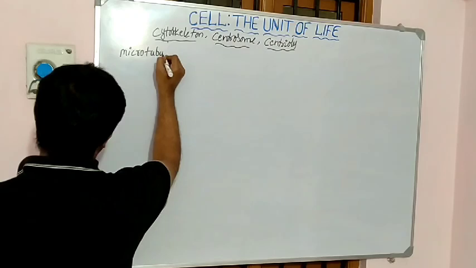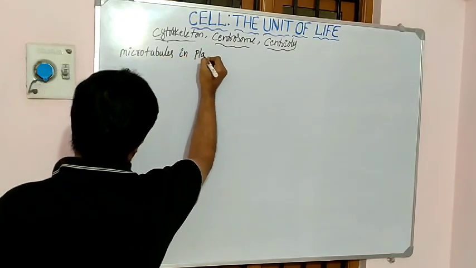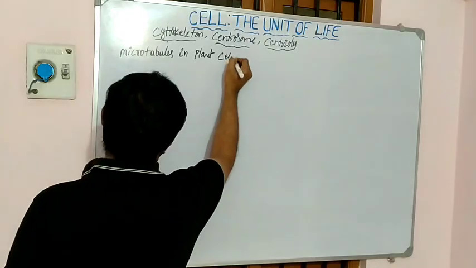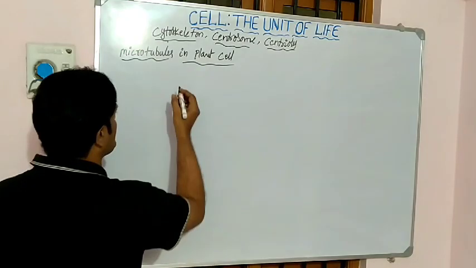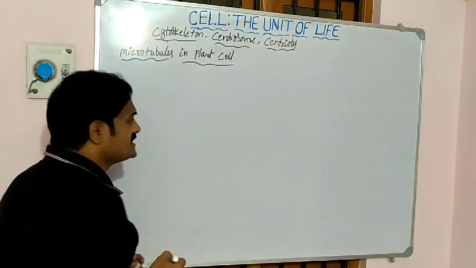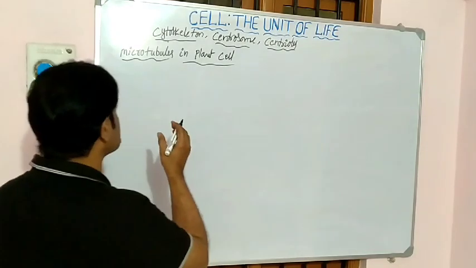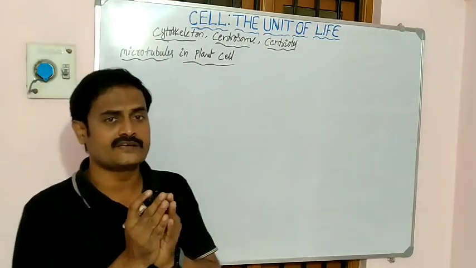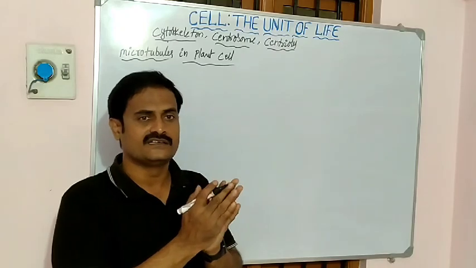Microtubules in plant cell. See, how the microtubules are arranged: they are arranged as channel-like arrangements. That means a group of microtubules forms one line like that.